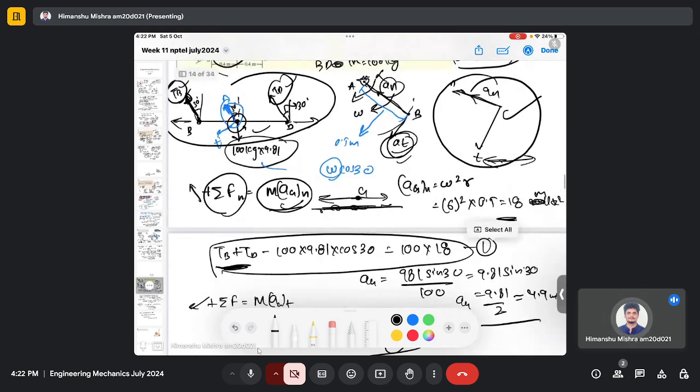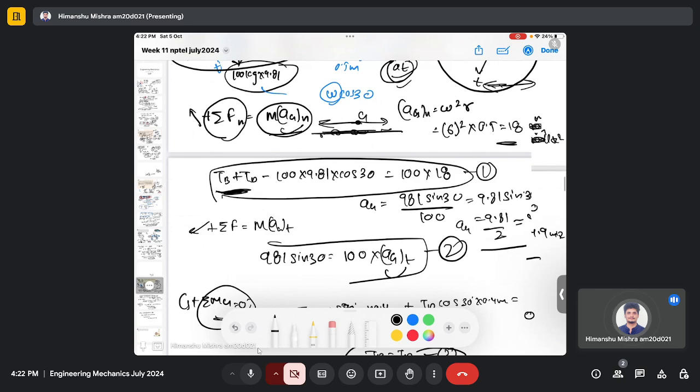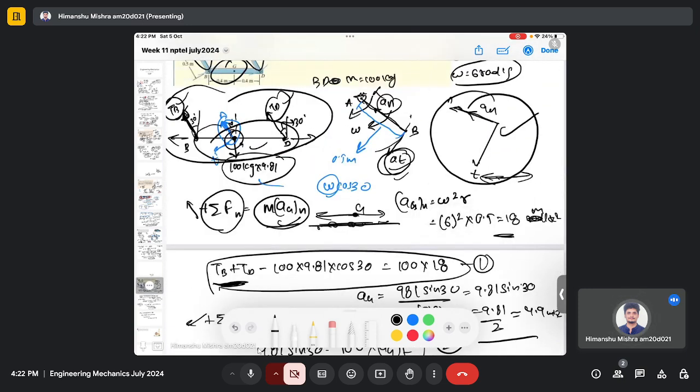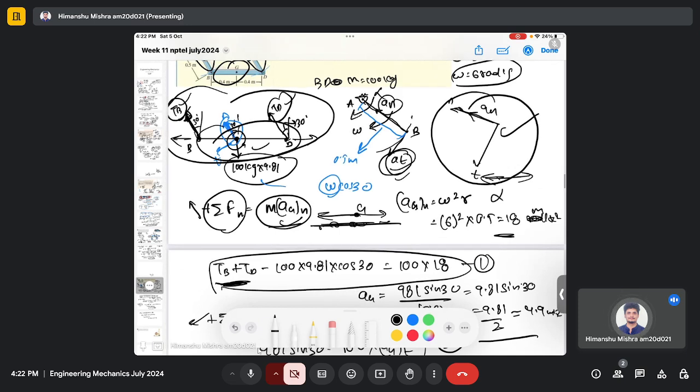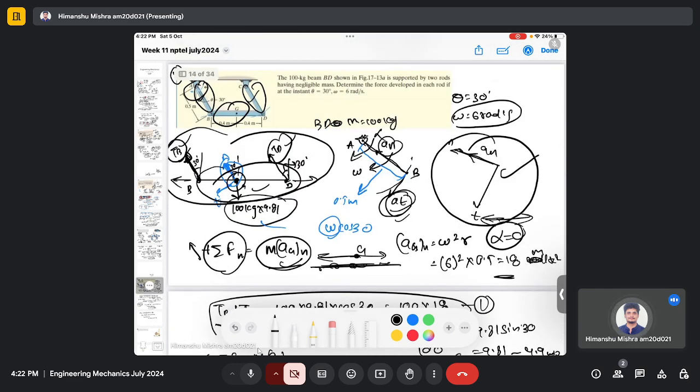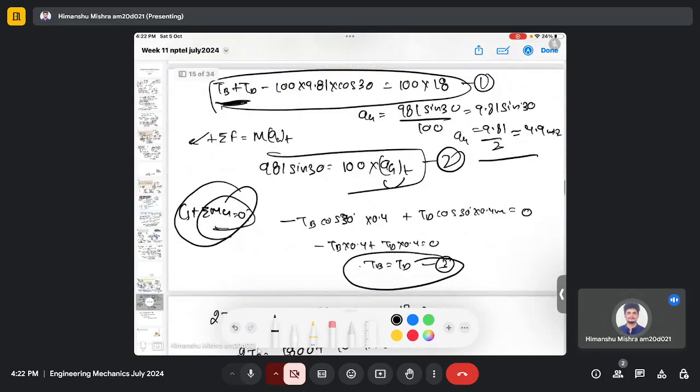The summation of force is equal to mass times acceleration in both components, but the summation of moment is zero because this beam is not rotating, only the rod is rotating. The beam only has translational motion, which means the angular acceleration alpha of the beam is zero. So the summation of moment about the center of gravity is zero.